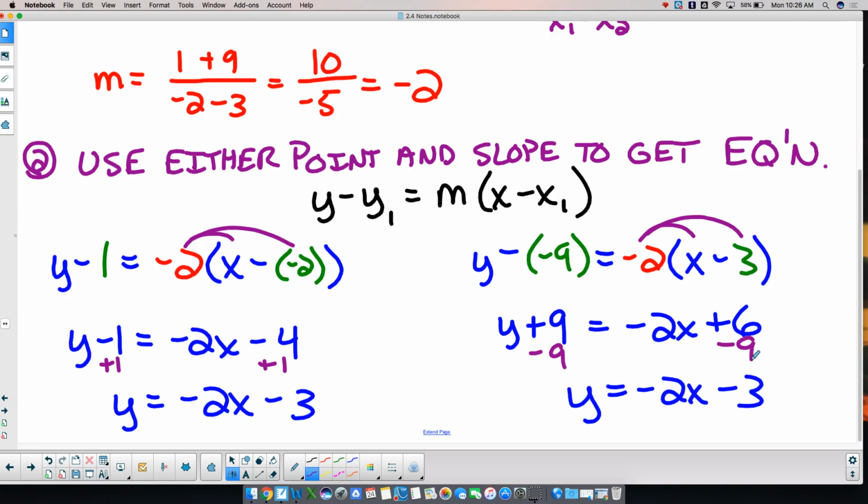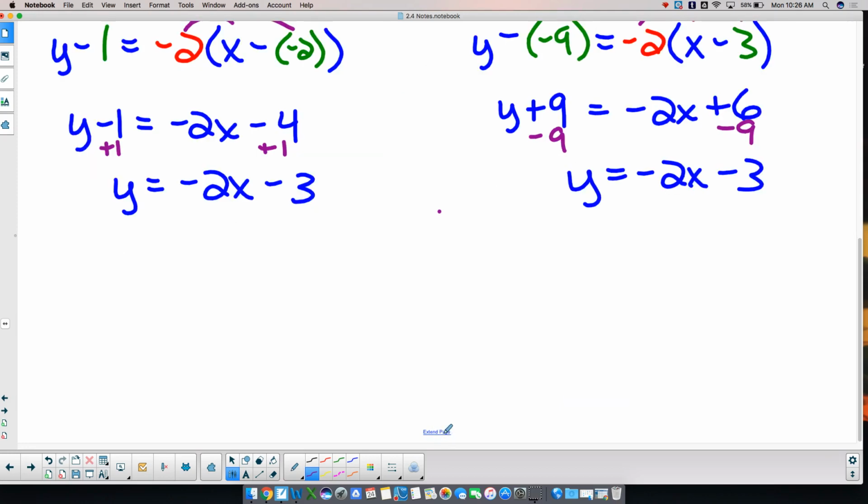But in this particular one, it was asking for the answer in standard form. So standard form is ax plus by equals c. X and y are on the same side. No fractions, no decimals, a is positive.